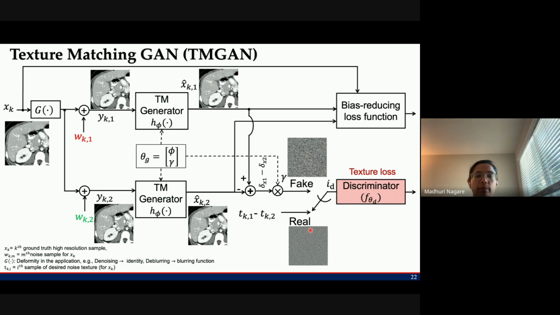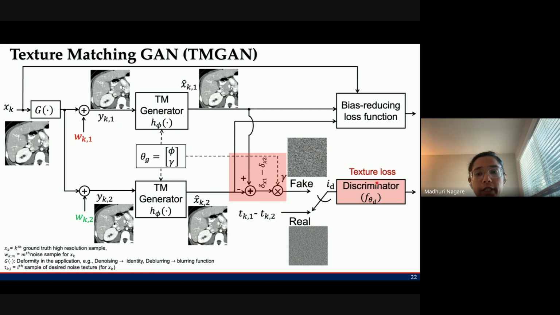We also need to maintain proper details in the images. That's why we have another loss function for the generator, which is the bias reducing loss function introduced in the first part. So this assembly of taking a difference eliminates the hallucination part, because since we take the difference, the anatomy part gets removed, because it's the same for the same ground truth image, and then what remains is just noise.